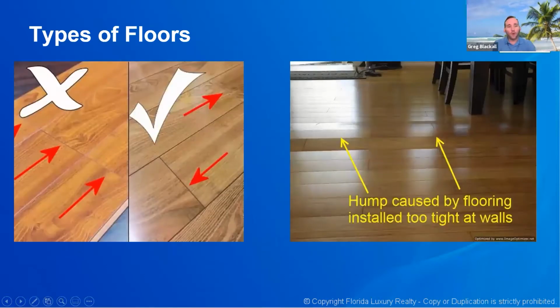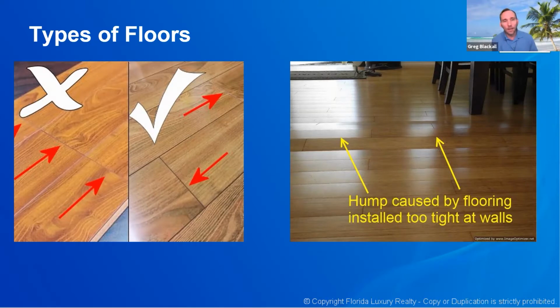For example, on the picture on the left-hand side, you notice all of the direction of flow is the same. And that's not really what you want when you're laying hardwood floors. Most of these installers know this, so they do a pretty good job of correcting for it.